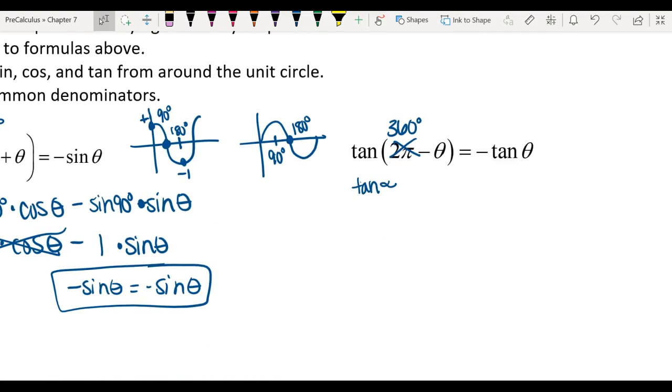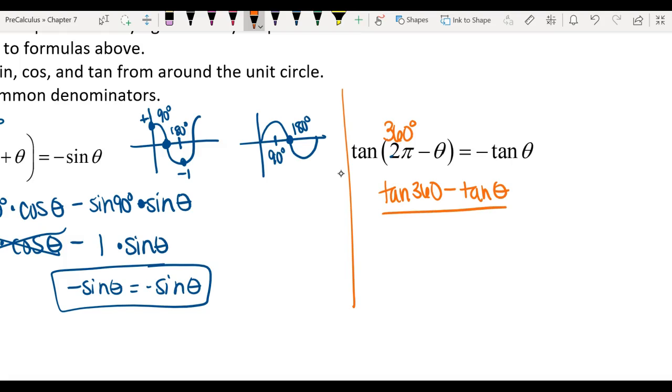I'm going to switch colors. I'm going to go to orange. Okay? So, knowing that, put it in all the same color. OCD taking place. Okay? So let's plug in what we know. We have tan of 360 minus tan of theta over 1 plus tan of 360 times tan of theta.